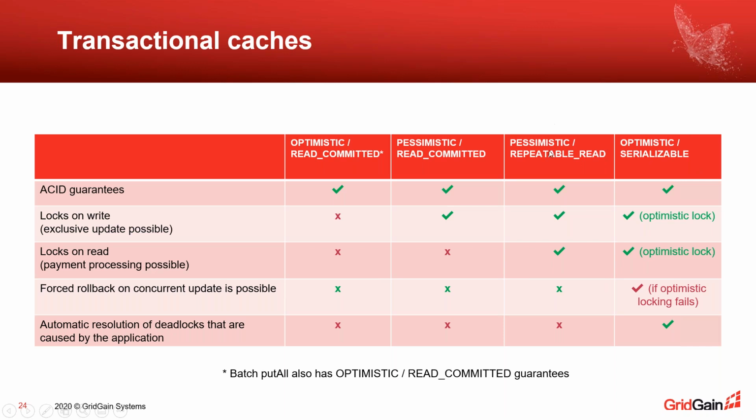You can access the keys in reverse order in concurrent transactions in pessimistic repeatable read mode and get yourself into a deadlock, but it's totally impossible in optimistic serializable mode. Your transactions will just be rolled back with a transaction optimistic exception. So those two are the same in guarantees, but they are different in terms of locks and concurrency.